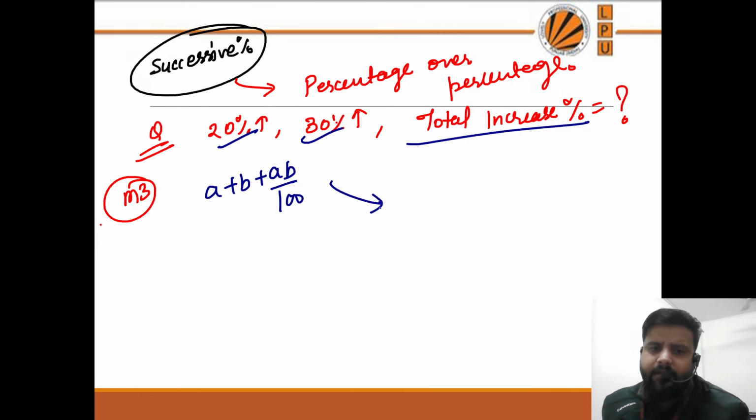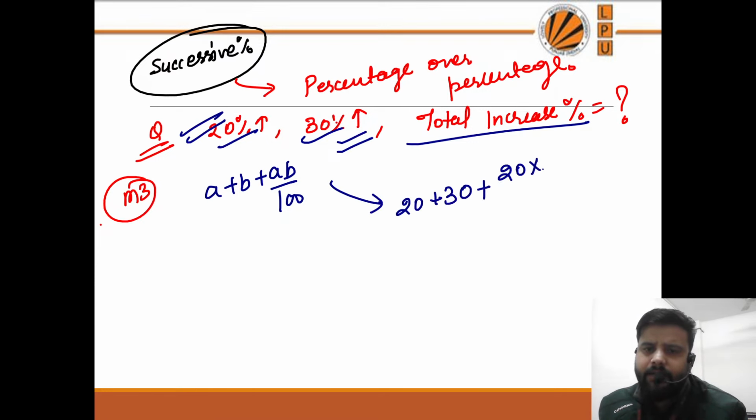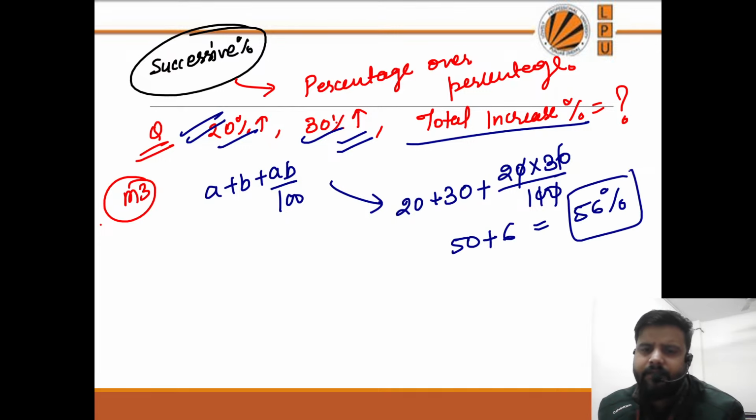Since the question is giving you increase, you will write 20 plus 30 plus 20 into 30 divided by 100. So it is 50 plus 6, which will give you 56 percentage.